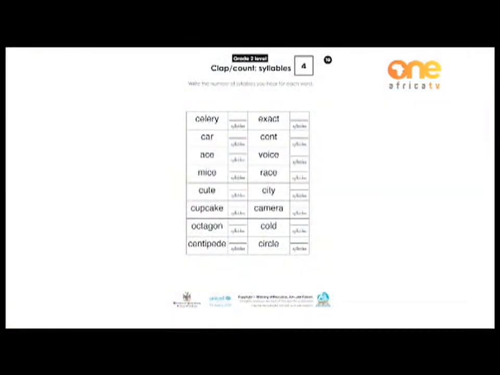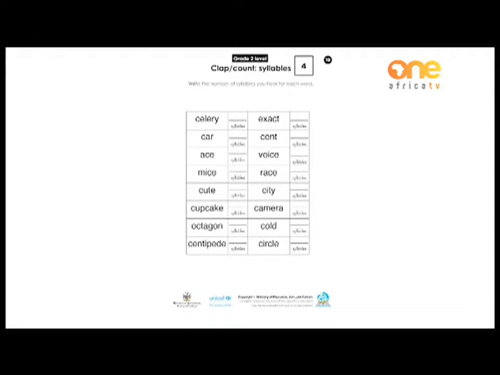Okay, let us quickly go back to our worksheet. Page 19. There you have a few of the words I would like for you to complete by clapping the words, but you only have to write for me the number of the claps you are going to divide the words into. For example, we have done celery on the chalkboard. How about the one next to it?